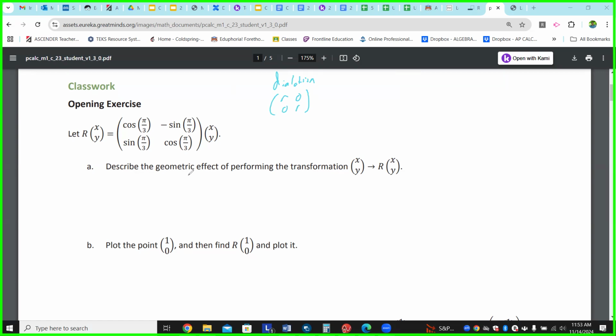So in lesson 21, or what we did on Monday and Tuesday, and I even wrote it down up there, we were introduced to a new matrix of R cosine theta, negative R sine theta, R sine theta, and R cosine theta.